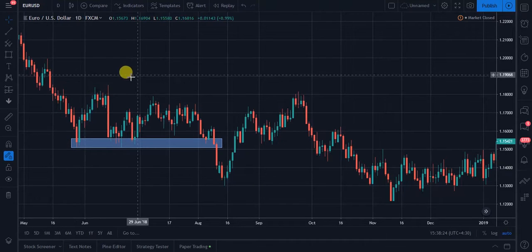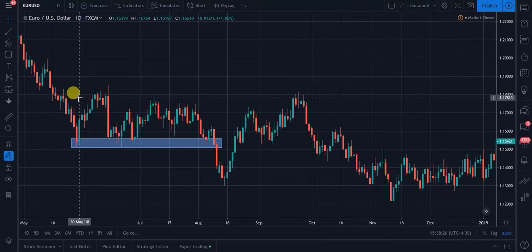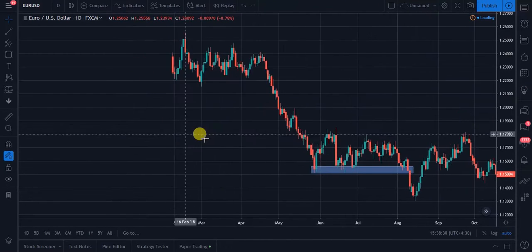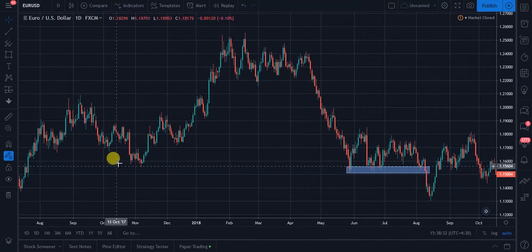For example, I see some movements before this, checking or testing that area, for example from 27 October up to 9 November of 2017.